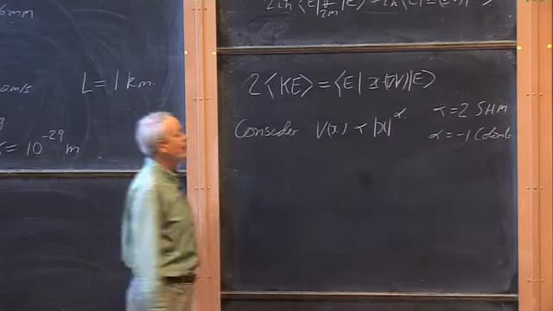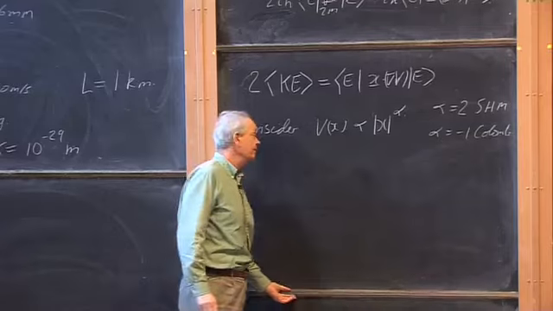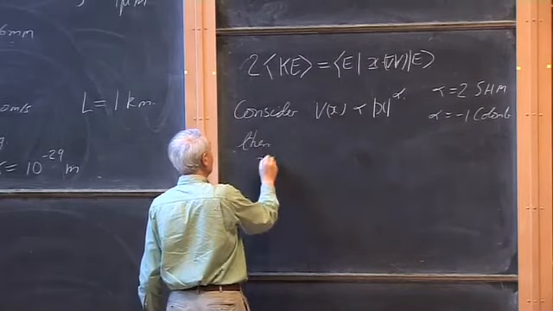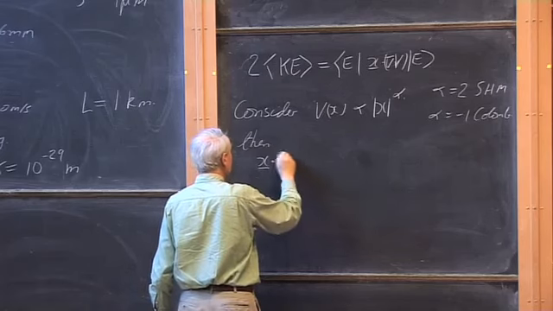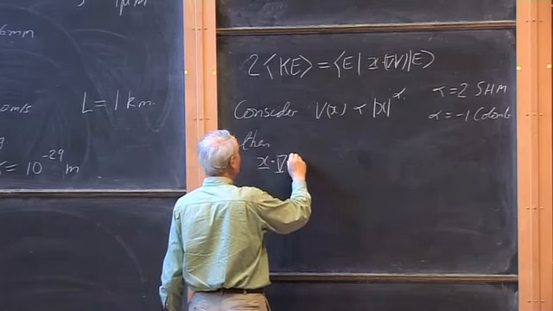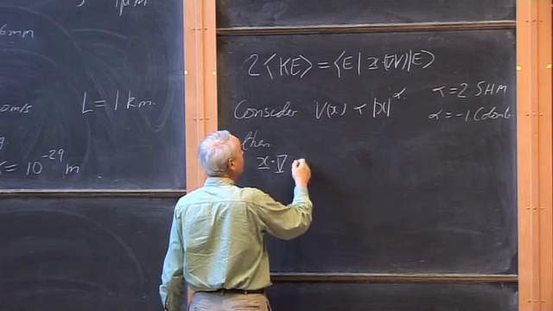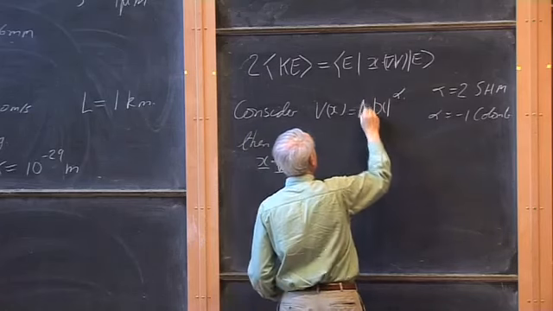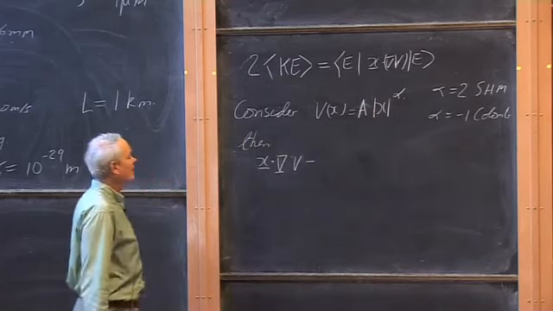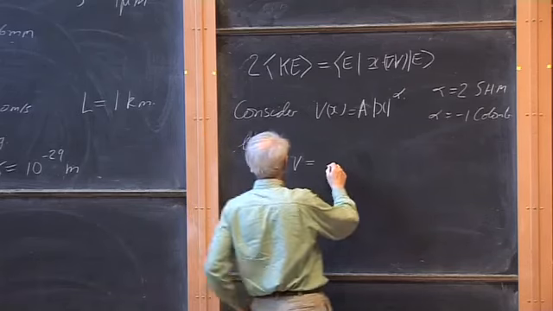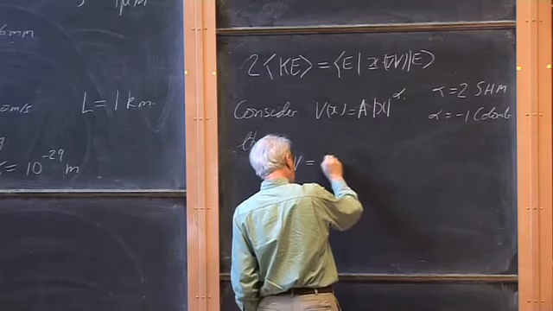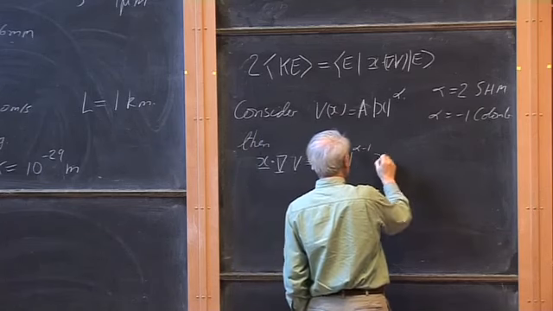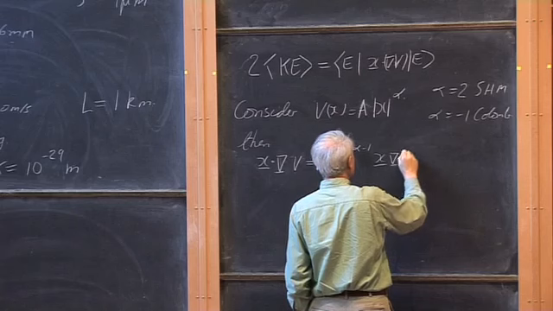There are other power laws which are relevant. In this case, if we ask ourselves, what is x dot gradient of V? Well, we'll say that V is equal to some constant a times mod x to the alpha. What is this going to be? It's going to be alpha mod x to the alpha minus 1 times x dot the gradient of mod x.